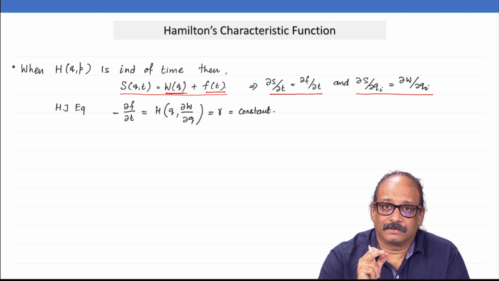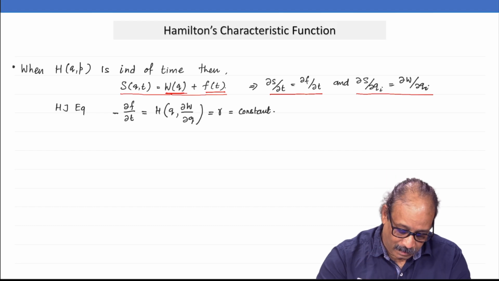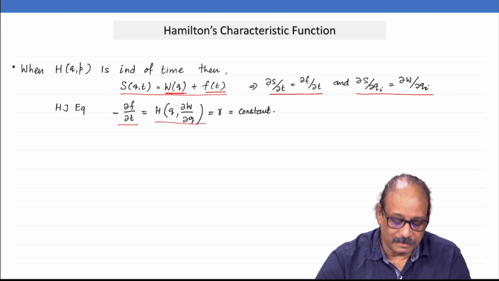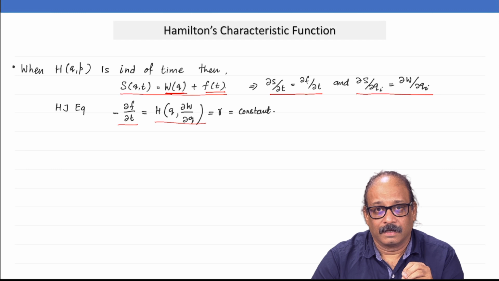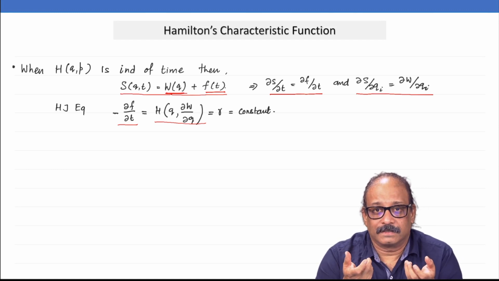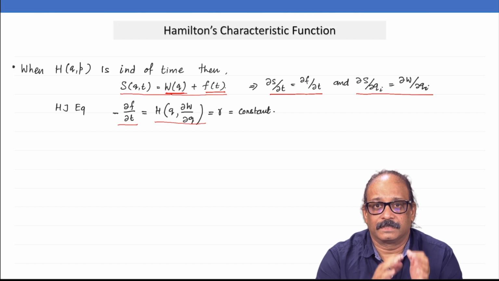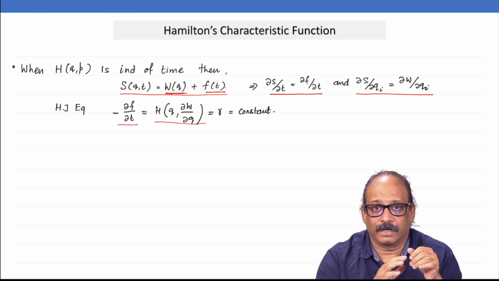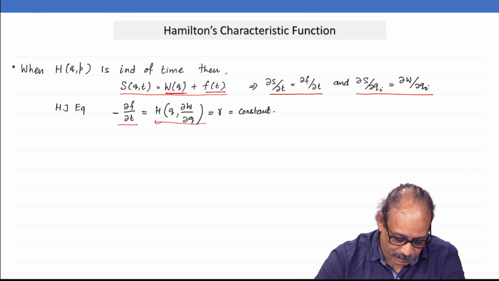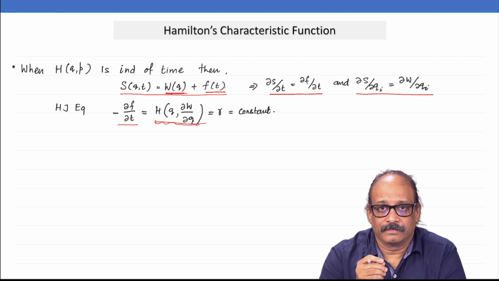Now, let us put this back into the Hamilton-Jacobi equation. Now del f by del t will be equal to minus the Hamiltonian. Look at the two sides of this equation. One side, df by dt, is completely a function of t, and there is no q in it. On the other side, the right hand side, I have the Hamiltonian, which involves only q and no t.